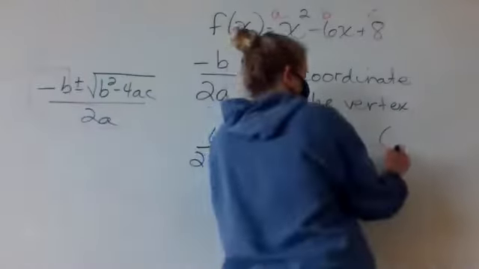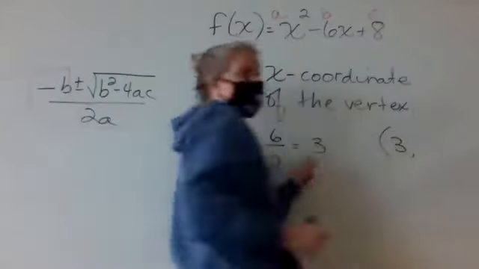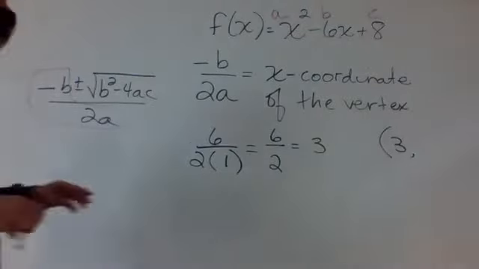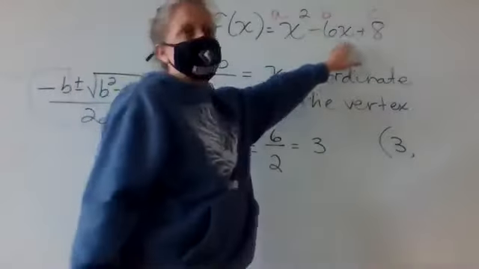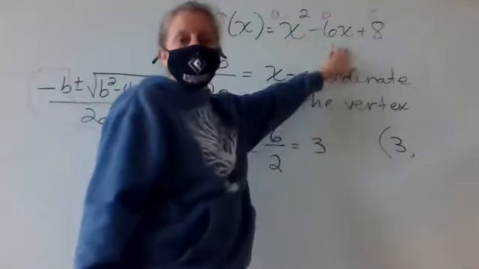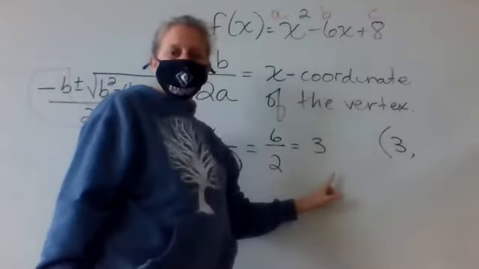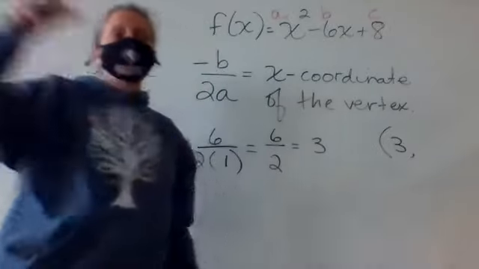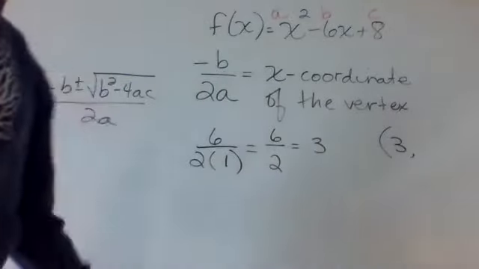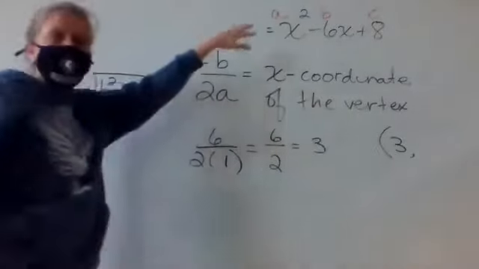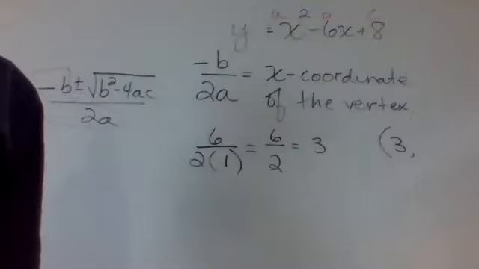So I'm working on the vertex, that's the x coordinate of the vertex. So if we know what x is, can't we just replace the x's in the function with 3's now, which will solve for y, right? Because f of x and y mean the same thing.